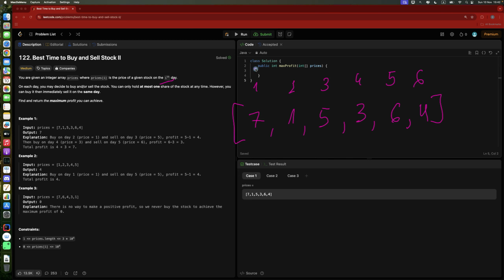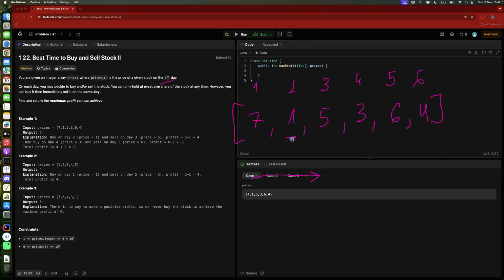But it's actually 0 here, index 1 here, and so on. So I want to look backwards. I'm going forward, iterating the array, but I want to look backward.